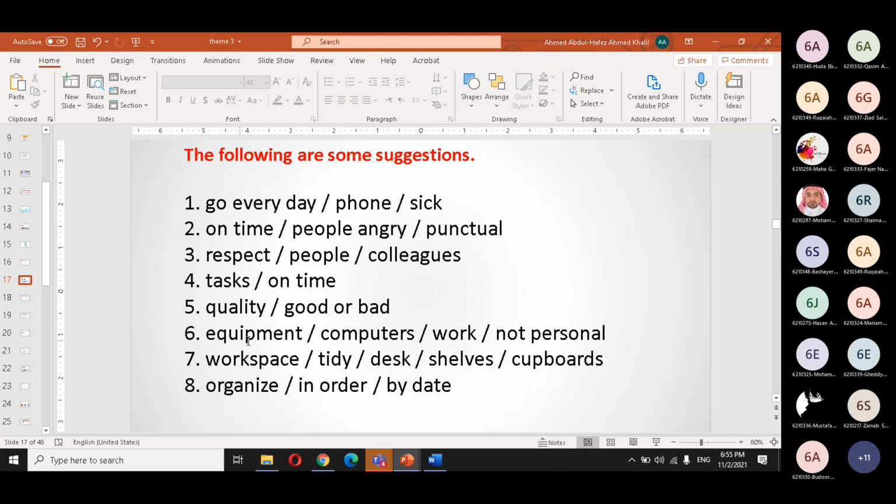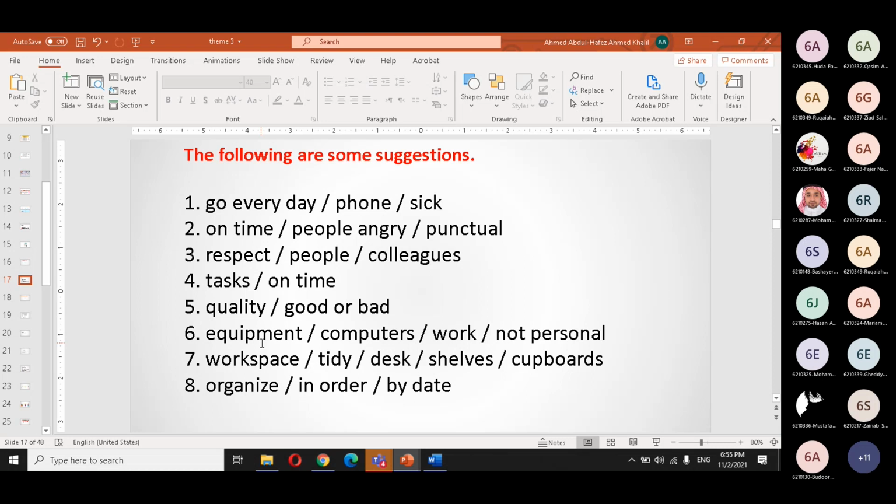And number 6, this lady who was playing games: you must not use the equipment like computers for personal things. You must use them for work, not for personal things.